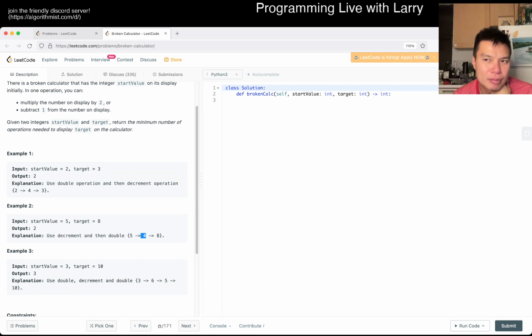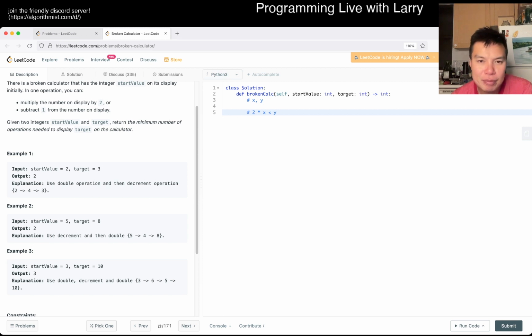So we go backwards, so now we have divide by 2 and add 1. Here I guess the math is easier, right? Because for 8 to go to 5, let's say we have x and y. Let's say 2 times x is greater than y, and we're going from y to x.